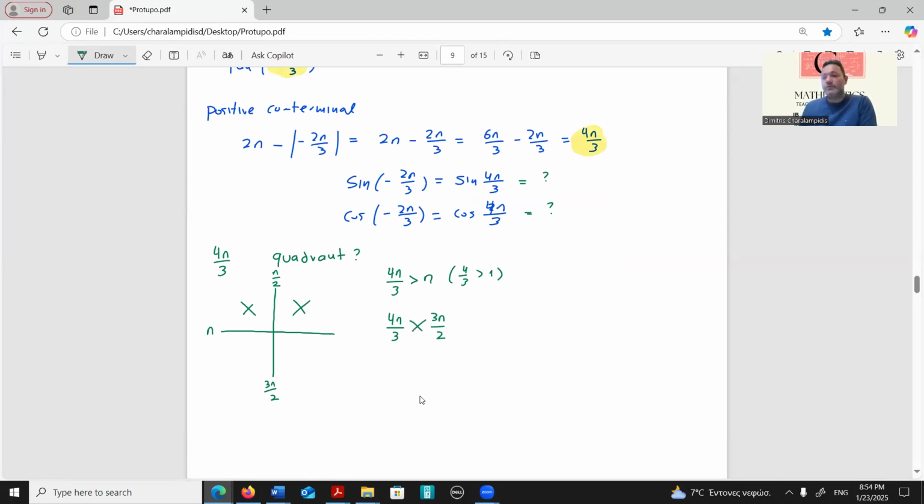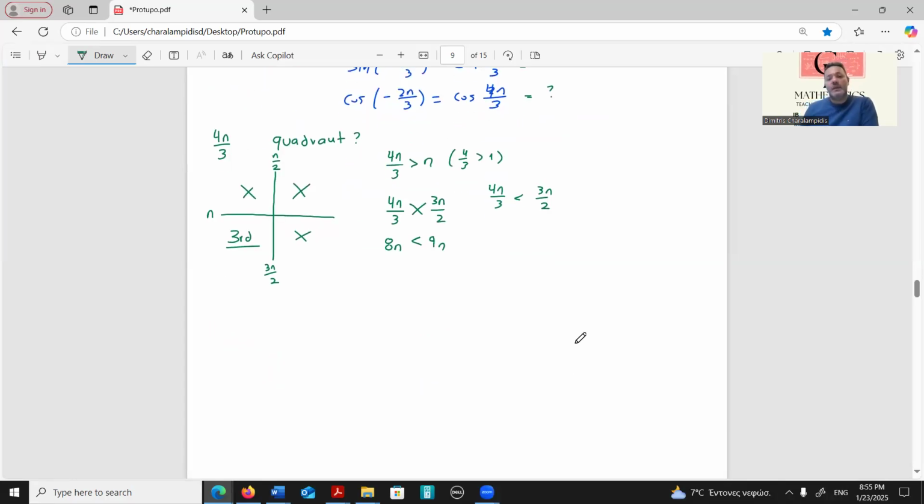To compare two fractions, I can just cross multiply. 4 pi times 2 is 8 pi. 3 pi times 3 is 9 pi. Whatever holds for these numbers holds for the fractions above them. So 4 pi thirds is less than 3 pi over 2, which means that I'm working in the third quadrant.